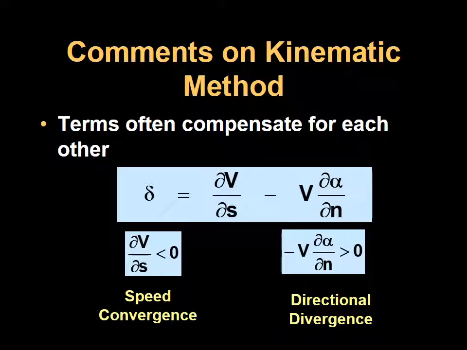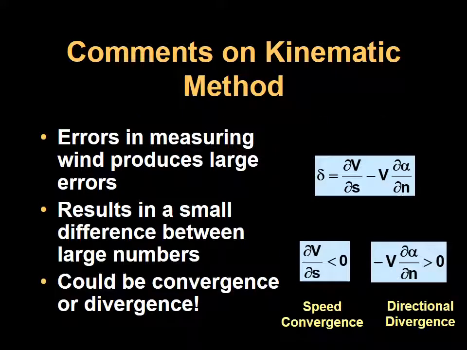So you've got the difference between two large numbers, and typically that produces a very small number. And with that small number, it's hard to figure out whether it is a positive number or a negative number, whether it's convergence or divergence overall. And the problem with that is, of course, our instruments have some errors. We measure most of the winds in the upper atmosphere using radiosondes.